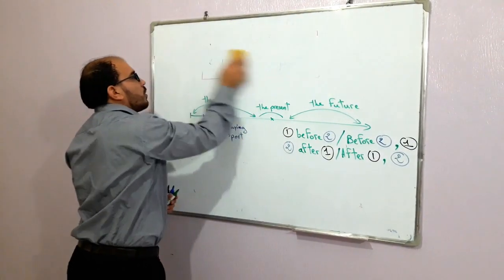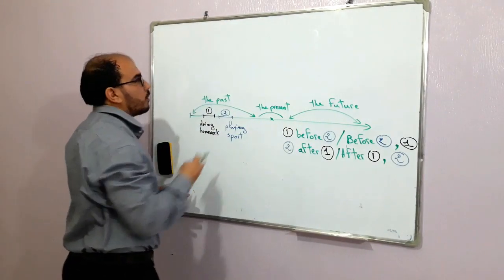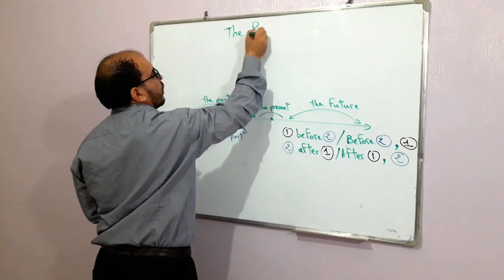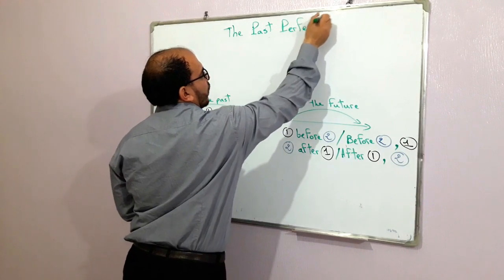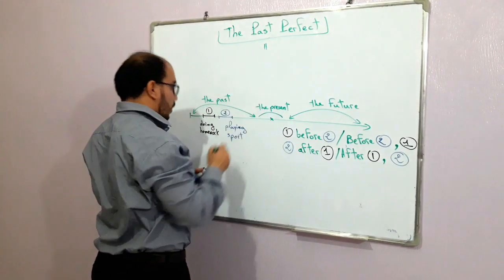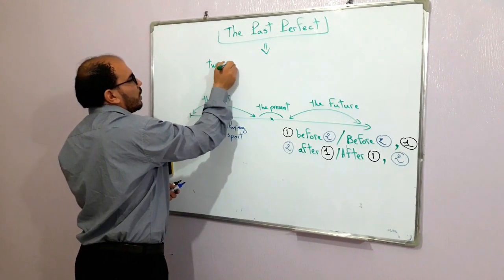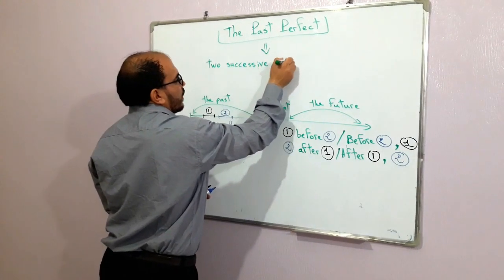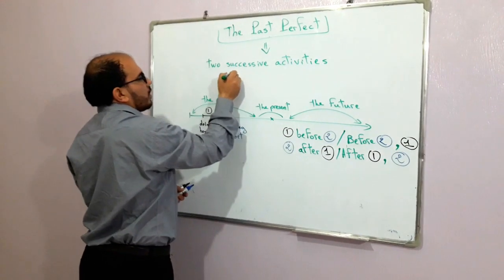Okay, so to have a conclusion, we can say, when we speak about the past perfect, generally speaking, we are talking about two successive activities in the past.